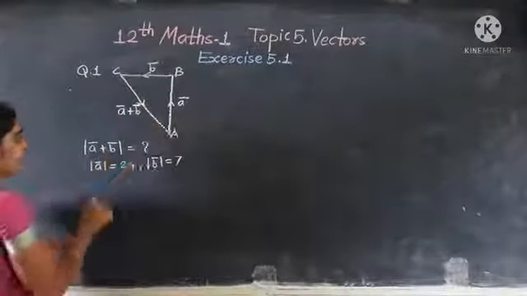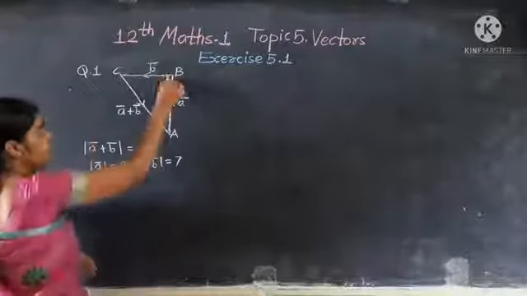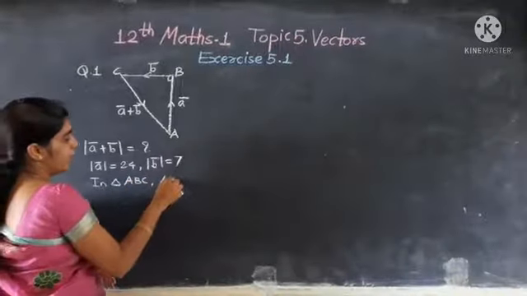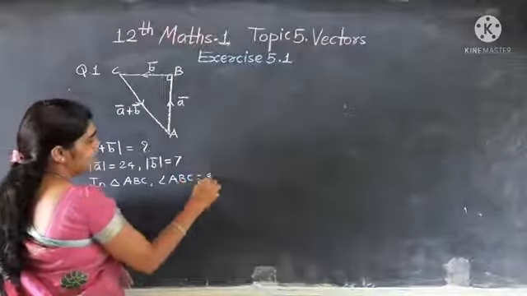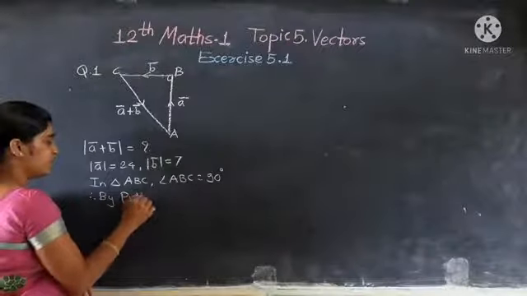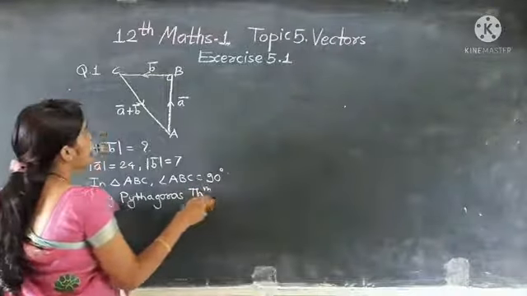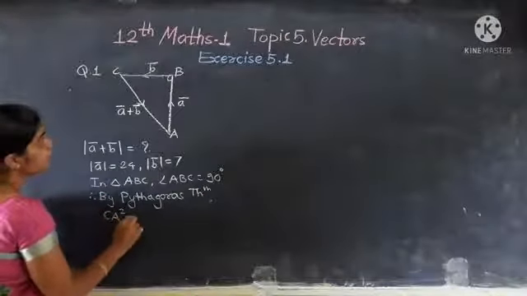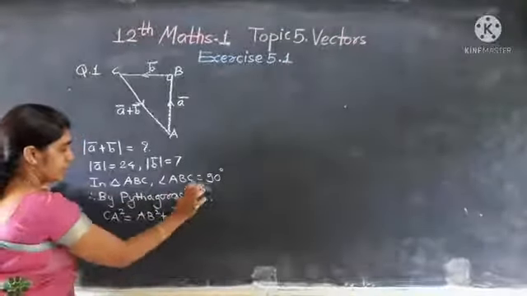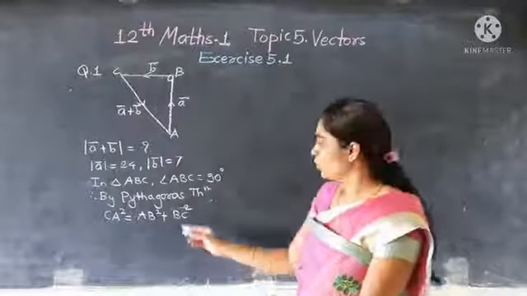We first find CA by Pythagoras theorem. In triangle ABC, angle ABC is equal to 90 degrees. Therefore, by Pythagoras theorem, you can write CA square is equal to AB square plus BC square. Okay, you know the Pythagoras theorem. So what is AB?